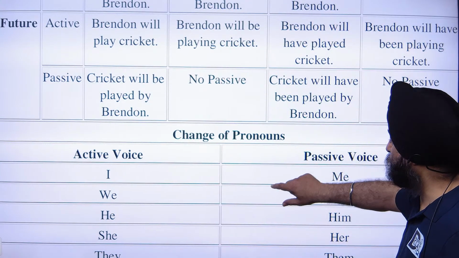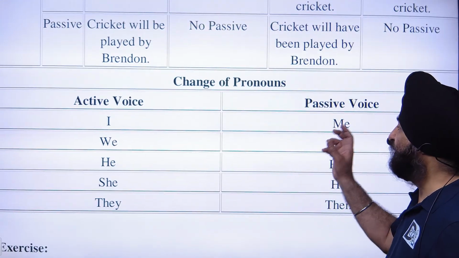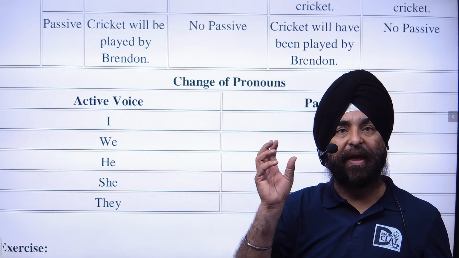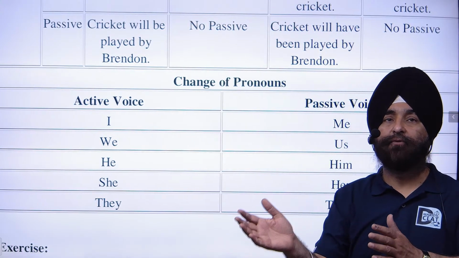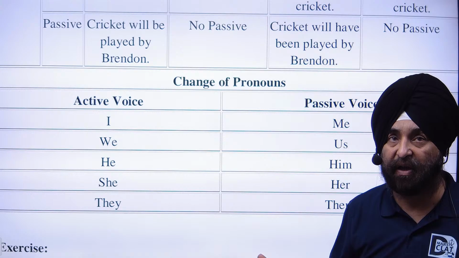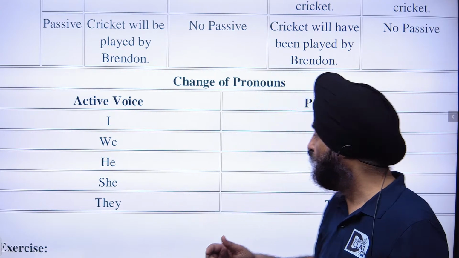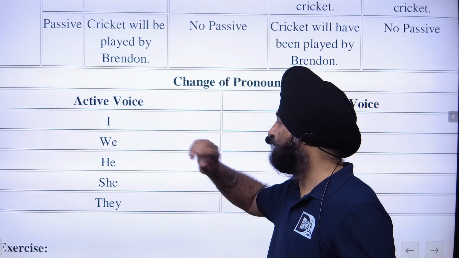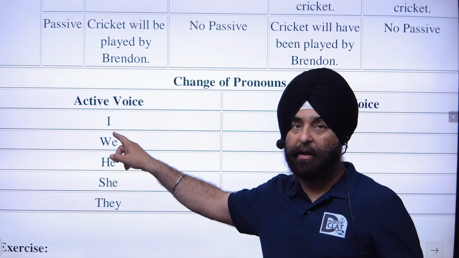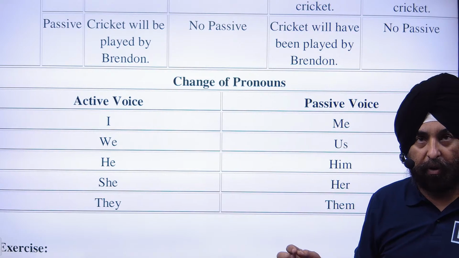Then also, the next thing that we have to keep in mind when we are converting from active to passive or vice versa is that there is also a change of pronouns. Like when we are using active voice, we make use of I. I have done this job.